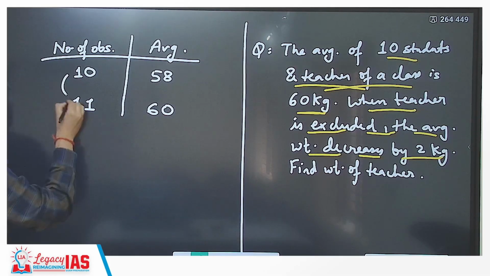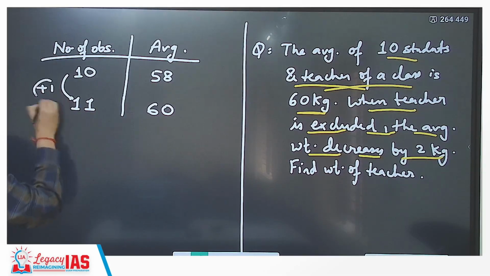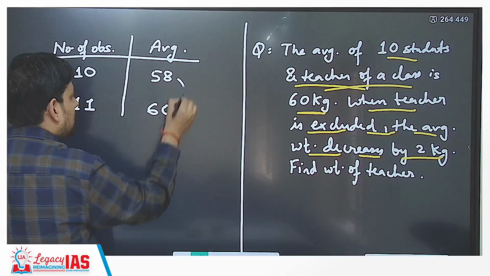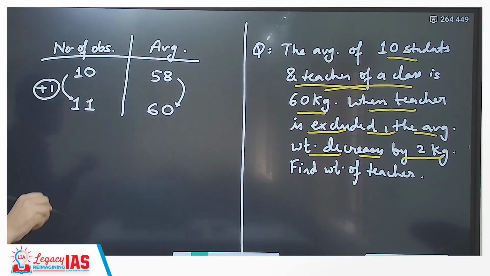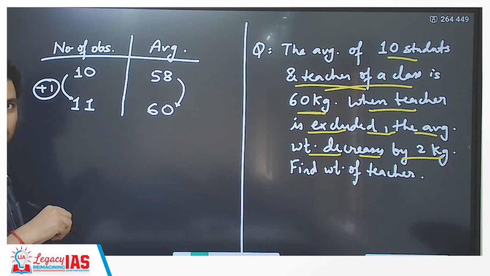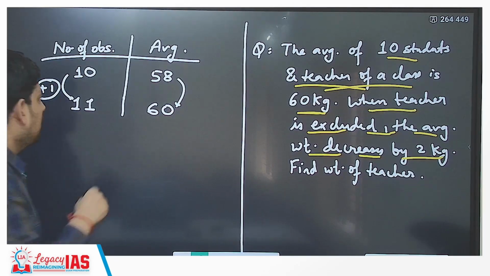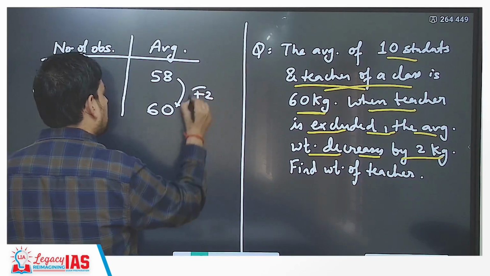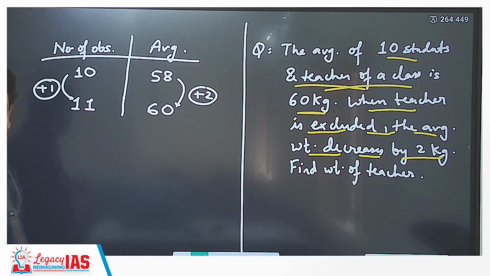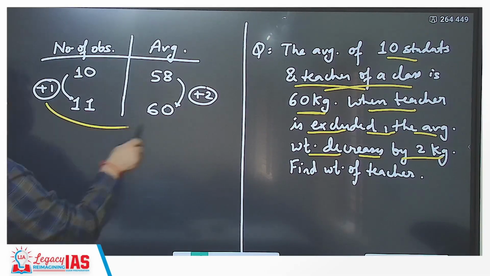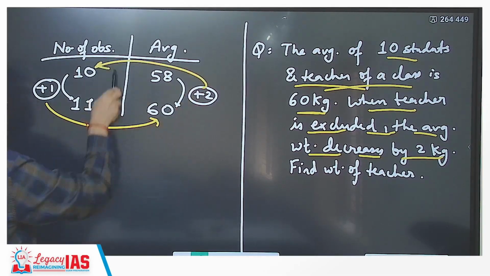Now, what is the difference here? The difference is plus 1. And what is the difference here? 58 and 60. What is the difference here? This is plus 2. Correct? You got both the differences. Now same thing, 1 into 60 and 2 into 10.